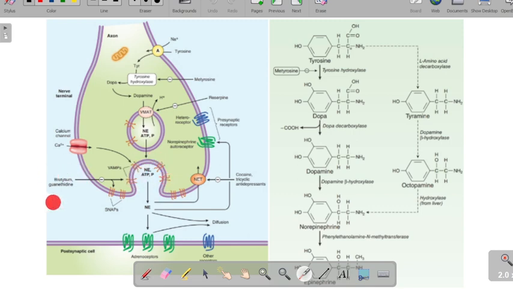This step is blocked by bretylium and guanethidine. Now these are adrenoreceptors. Norepinephrine diffuses and excess is taken back by norepinephrine transporter. This transporter is blocked by cocaine and tricyclic antidepressants.